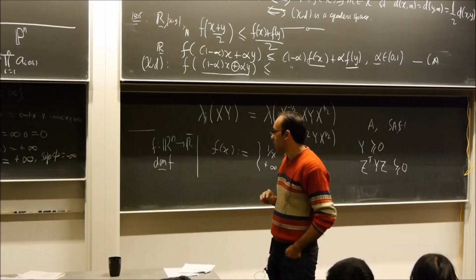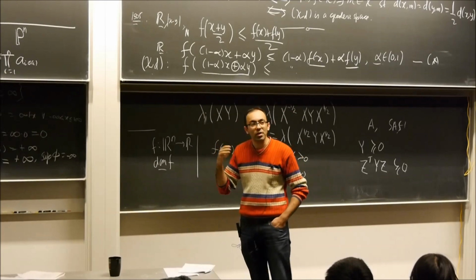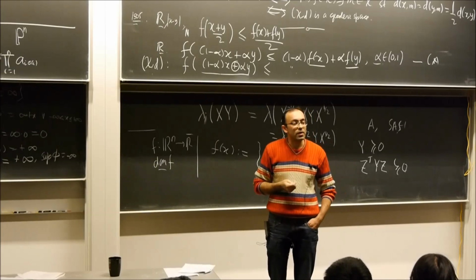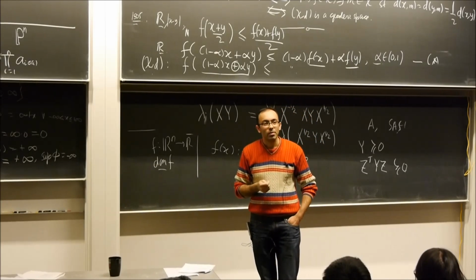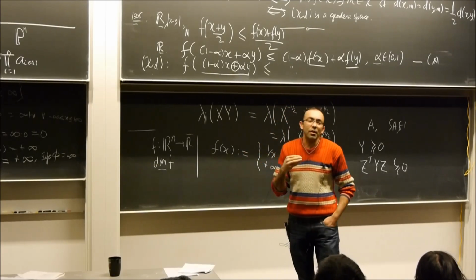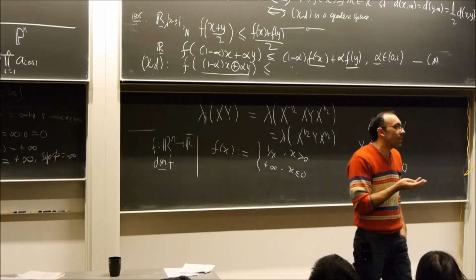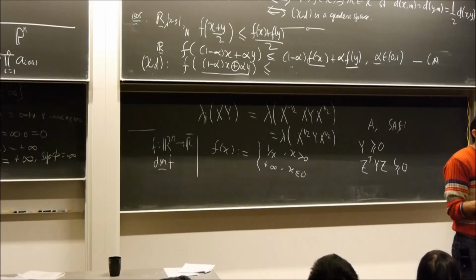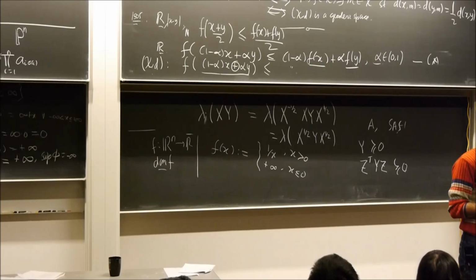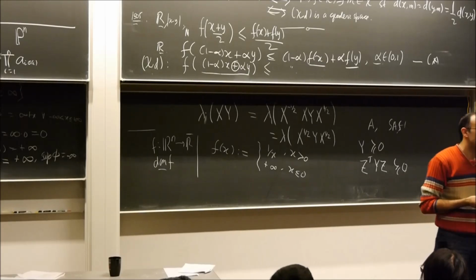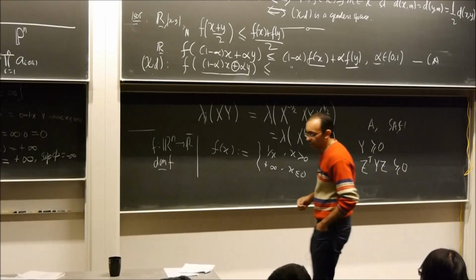It will simplify notation as we start doing optimization. If it helps, just think that f has some domain of definition where it's non-infinite, and wherever it's not defined, set it to plus infinity, can't hurt you. So that's roughly our convention.